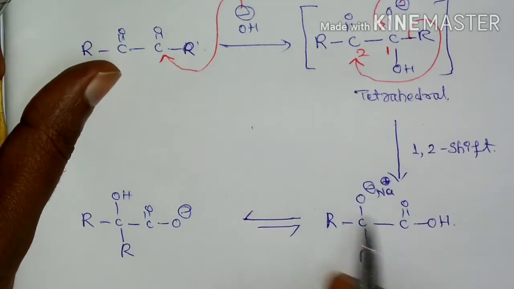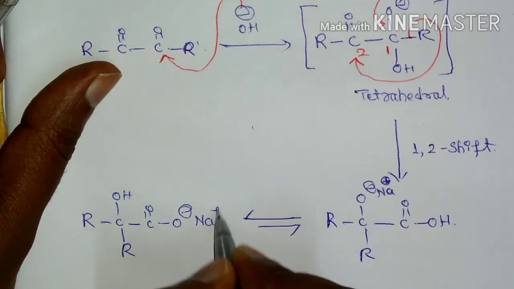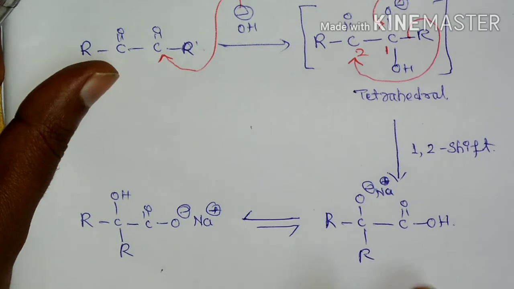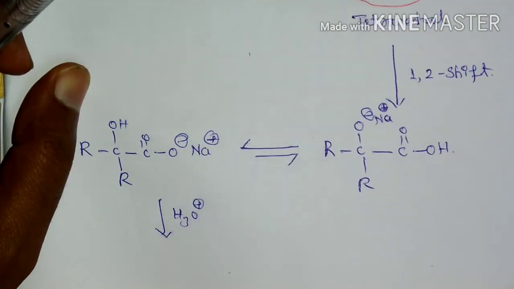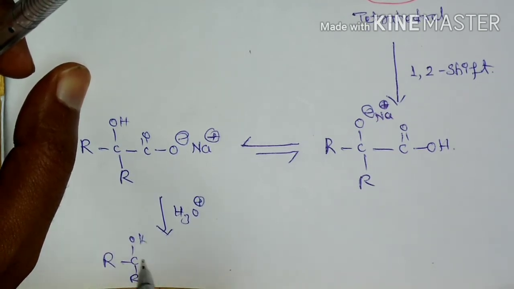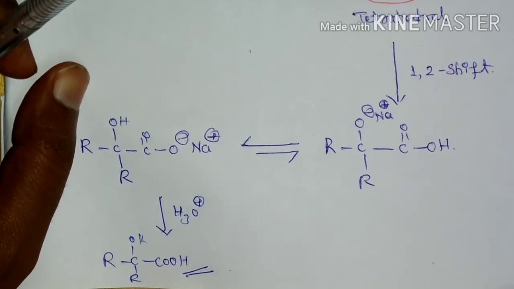This is the alkoxide ion and this is the carboxylate ion, and Na plus balances the charge. If we do an acid workup, then we get the corresponding acid derivative. So this is the mechanism of the benzilic acid rearrangement.